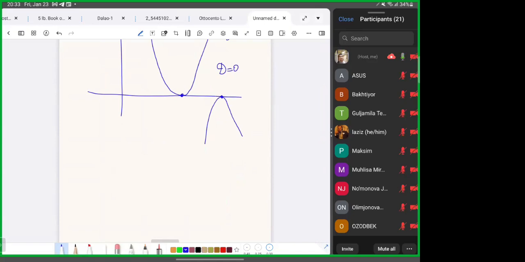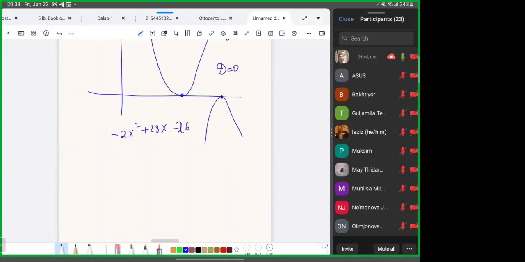For example, let's say you are given some equation. Let's write some equation: minus 2x squared plus 28x minus 26.